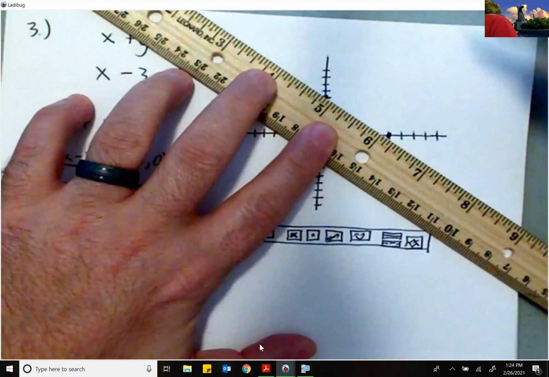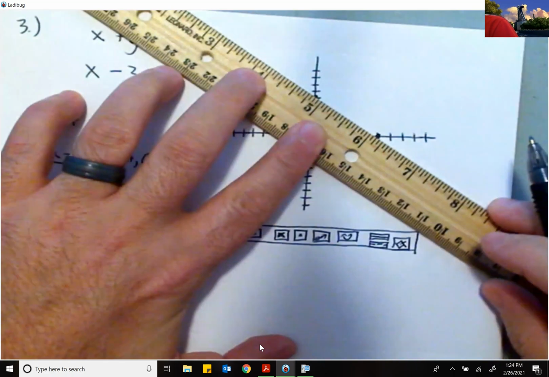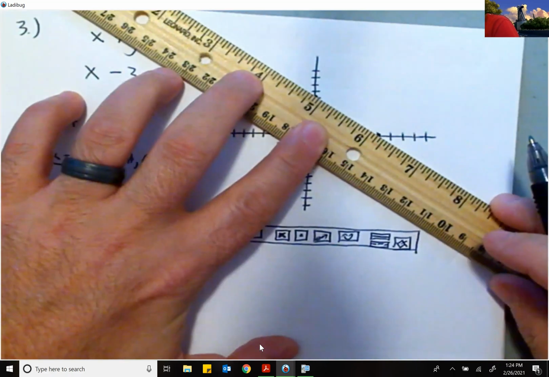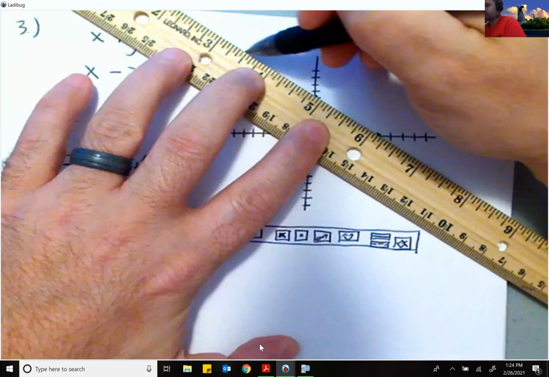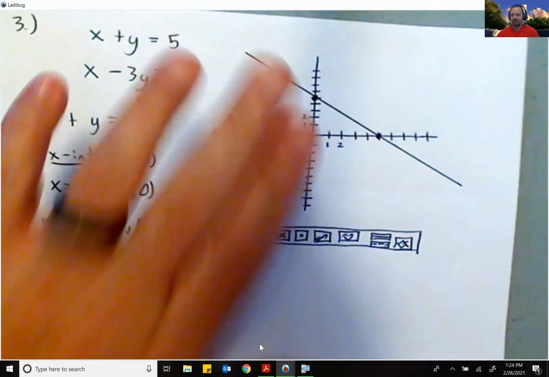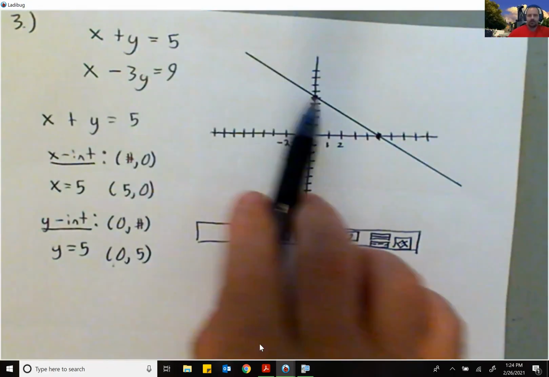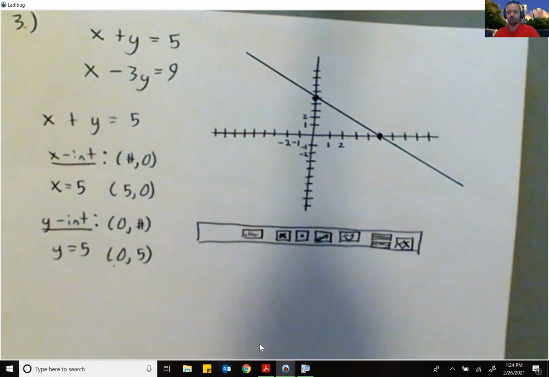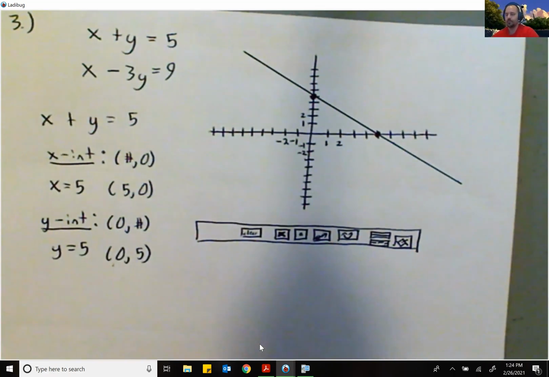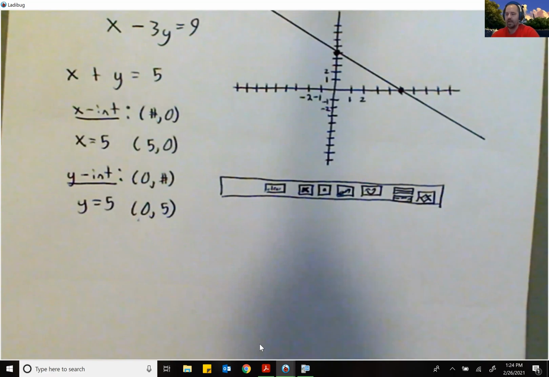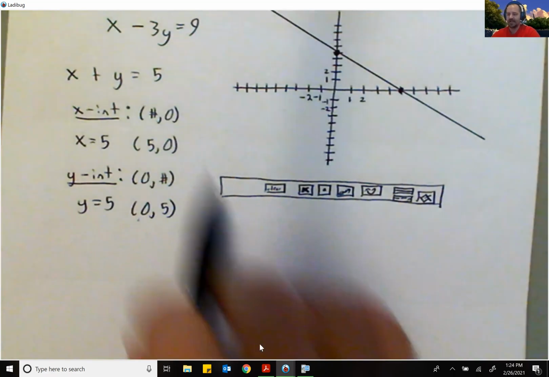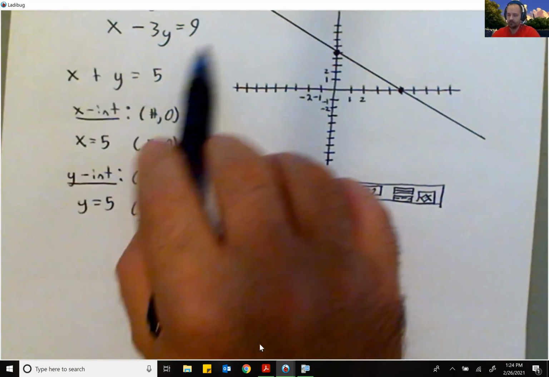Give me a moment to be as accurate as possible. Once I click that second point, that line is set. Okay. And now we just need to graph the second line.